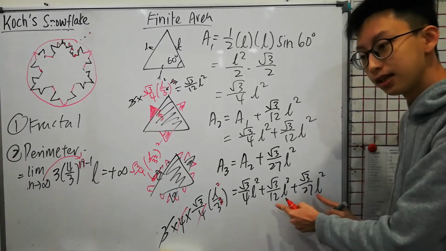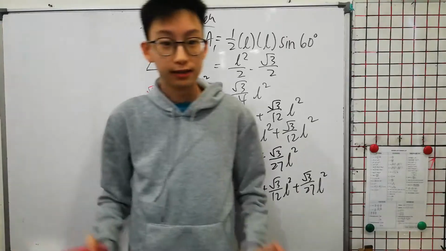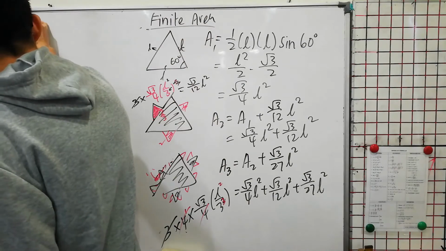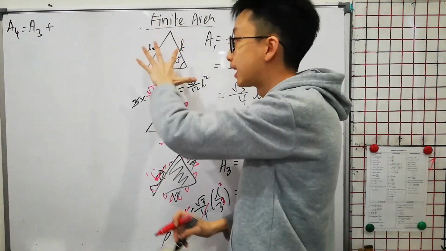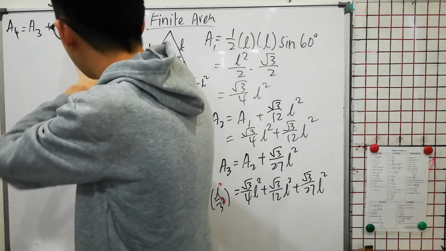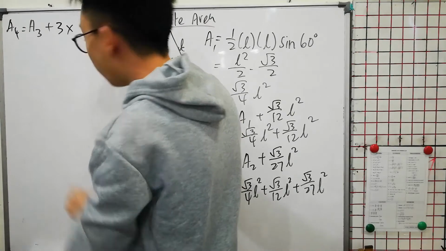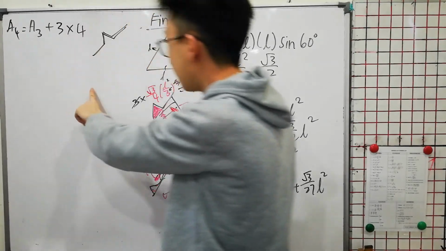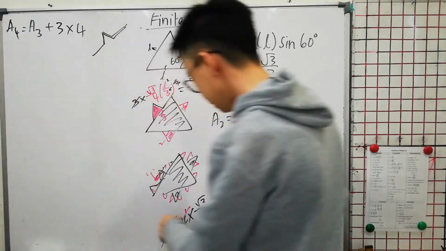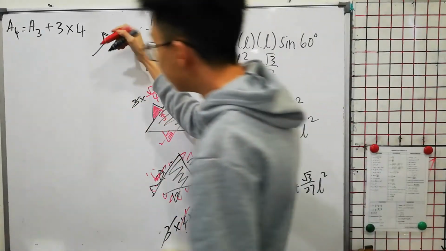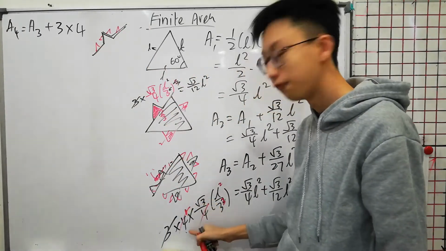It's a series. Maybe we try to do it for a few more iterations. Then for A4, it is A3 plus 3 black sides from the first shape times, for each structure like this, we actually have 1, 2, 3, 4. And for the fourth shape, we actually have 1 layer. For the third shape is 1 layer, then second layer. You'll notice that it is actually 4 to the first power here.